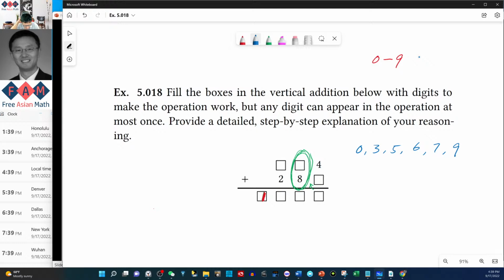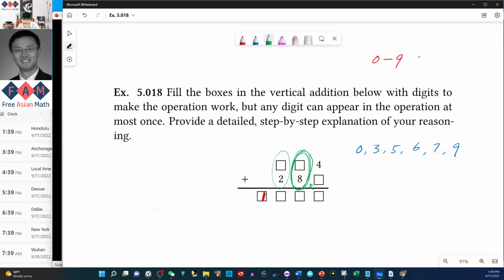Well, there's no apparent place, but we can do some reasoning because we know now there must be a carrying in this place, right? Because we have to generate this 1. That means that here, to add something needs to be fairly large.